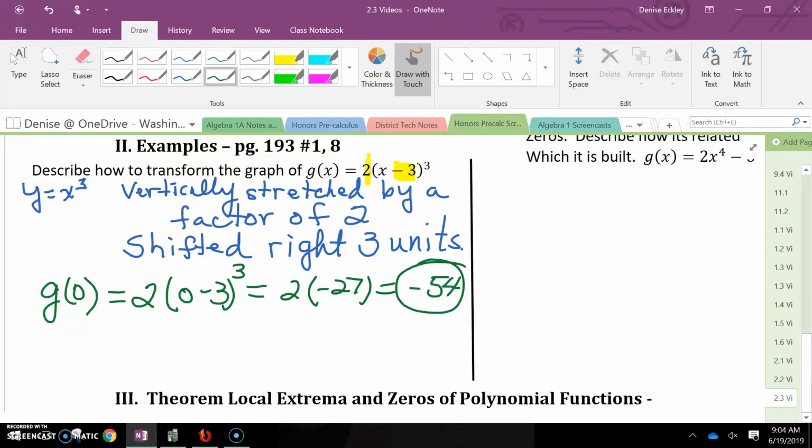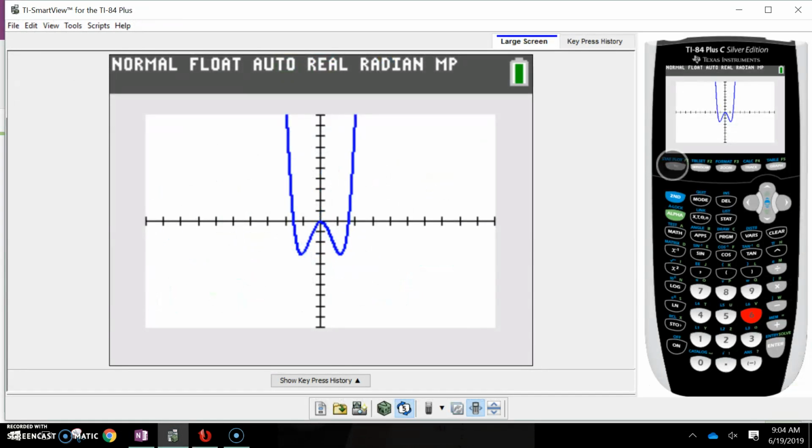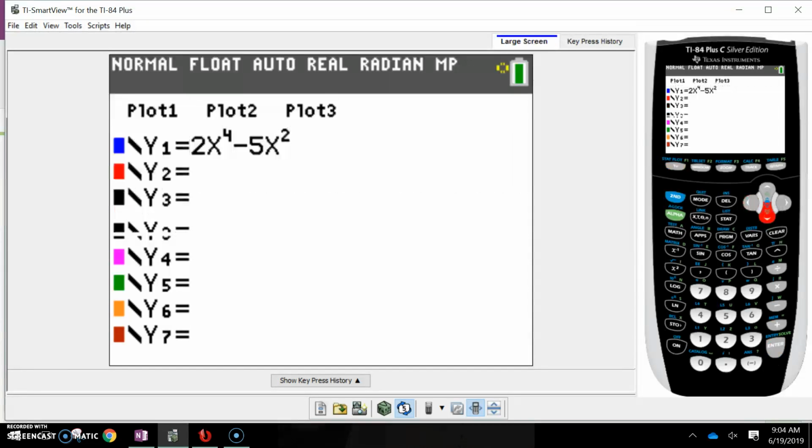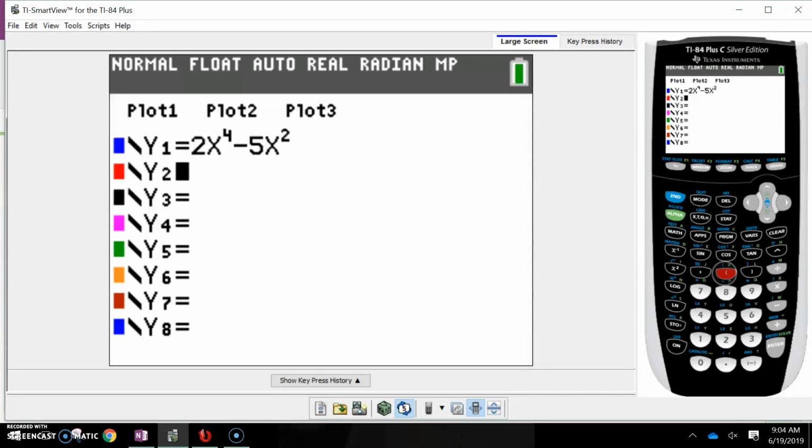And if you look at the graph, let me pull the graph up real quick. You're going to see that that is exactly what has happened.